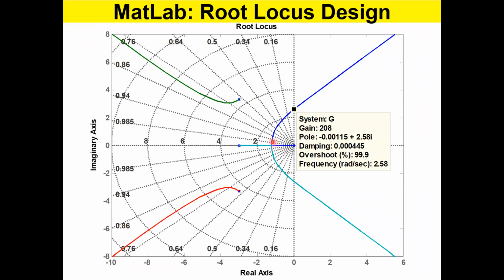Now I put the mouse over here and click, and it will tell me the value of the gain, among other things. You will see the gain is 208. See, our manual calculation also gave 208.